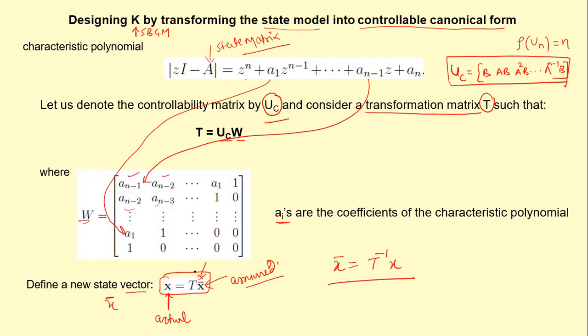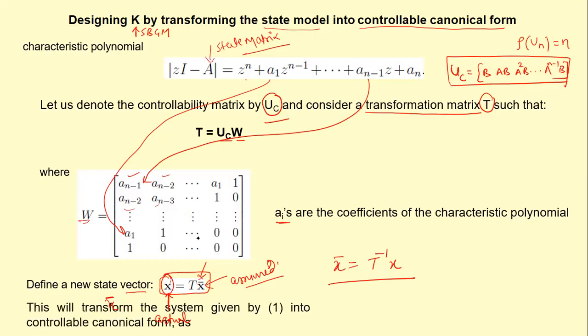So we are using the transformation matrix to transform the actual state vector to the controllable form, and hence this will transform the given system by equation 1, where x(k+1) is equal to A x(k) plus B u(k), and y(k) is equal to C x(k).